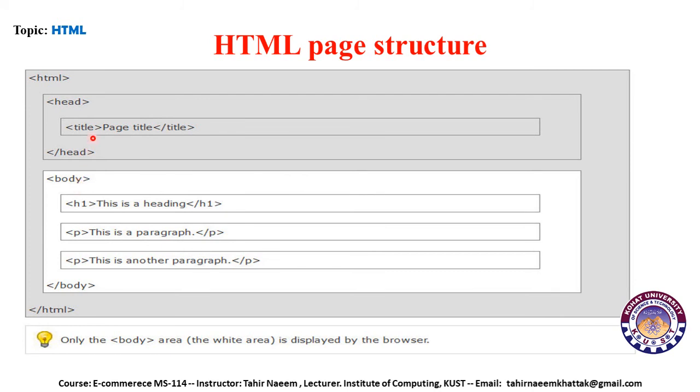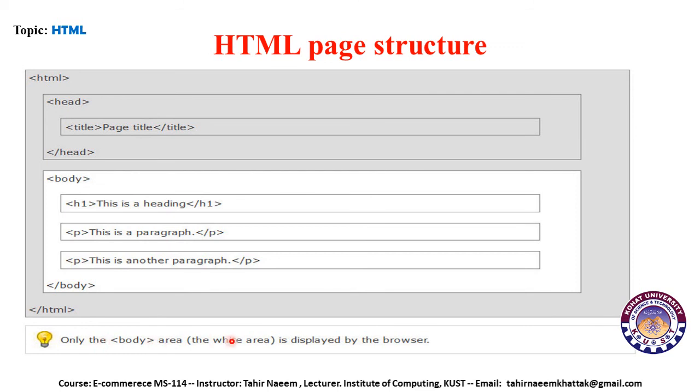And the body, so there are two main parts: head and body. The body starts from here, and you can write different tags, as shown: h1, paragraph, and this is closed. Here the body is closed, so this covers from here to here.